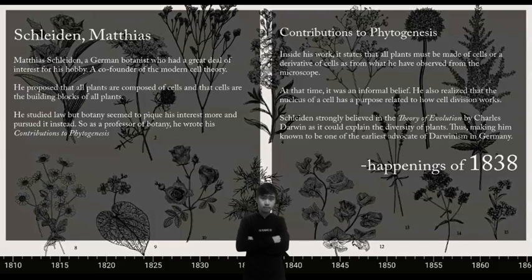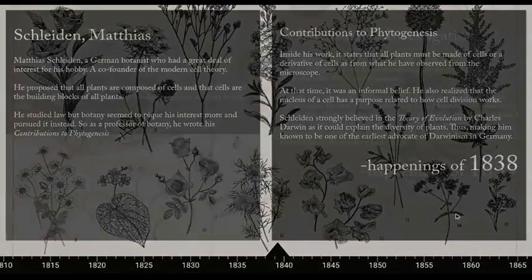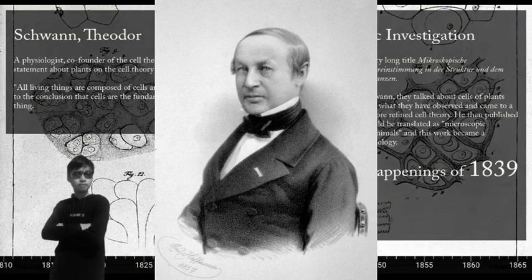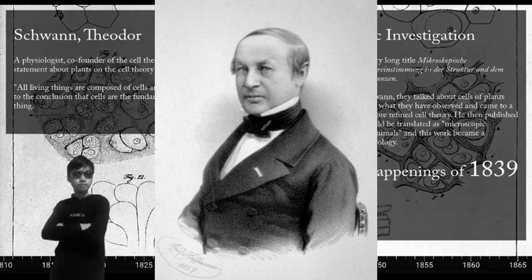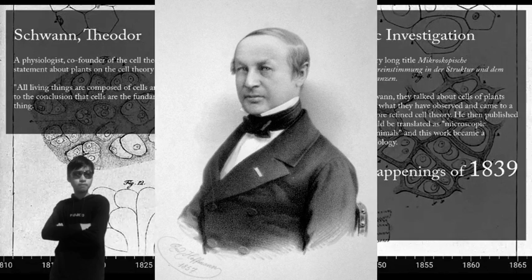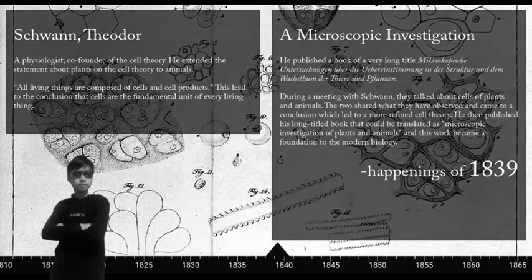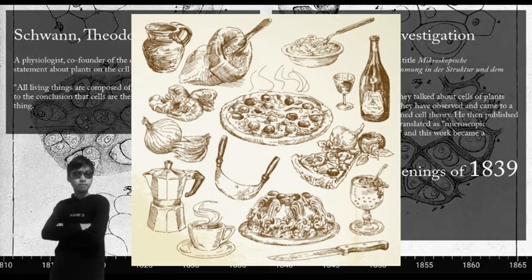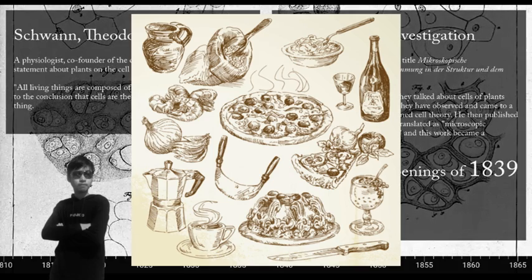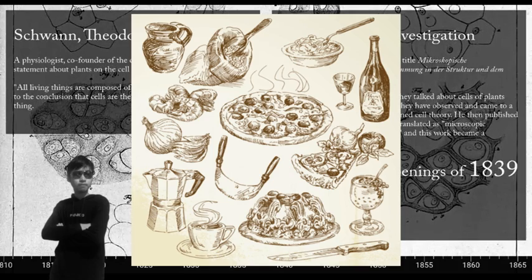And now, just a year later, we have Theodor Schwann, a physiologist. If a botanist is for plants, this guy deals with the study of animals. Okay, imagine fine dining. The smell of bacon and pancakes, the perfect sweetness of honey, and the satisfying bittersweet coffee.